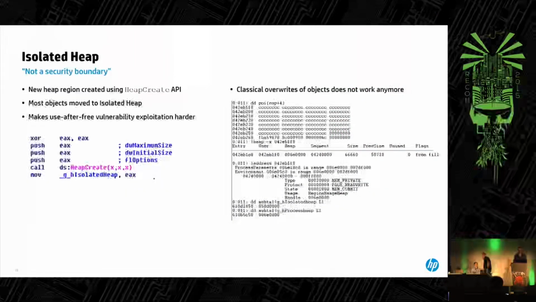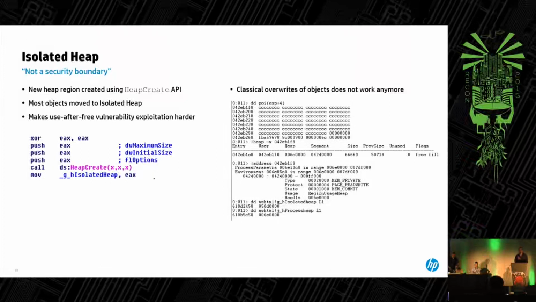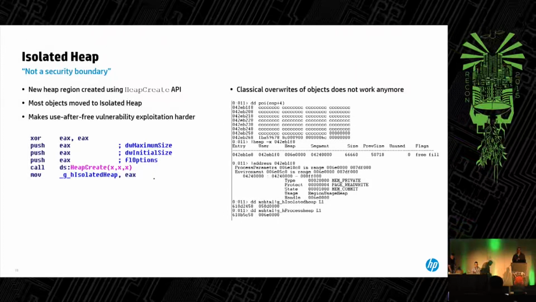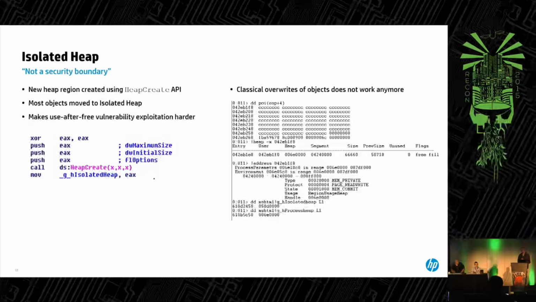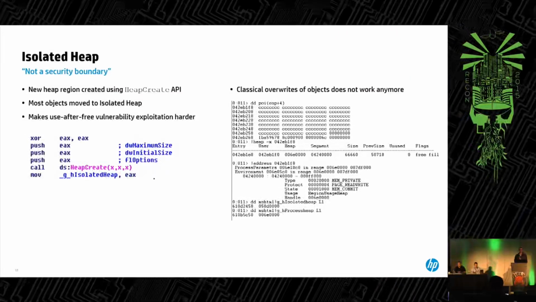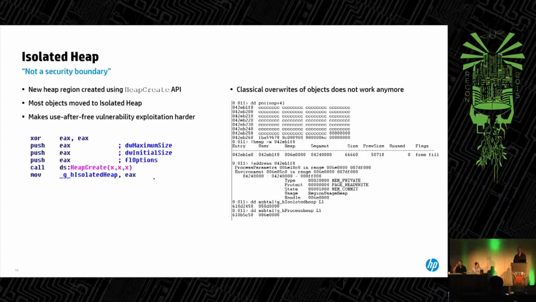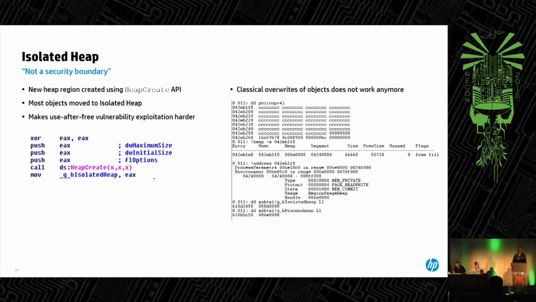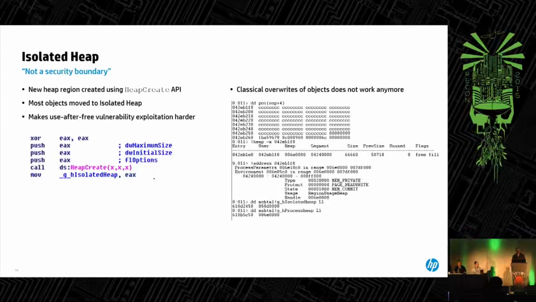So isolated heap was introduced in June 2014. Back then we noticed that there's a new heap created with the HeapCreate Windows API. The main purpose of isolated heap was allocating a lot of DOM objects, moving them to an isolated region, providing some kind of separation of DOM allocations from other types of allocations.